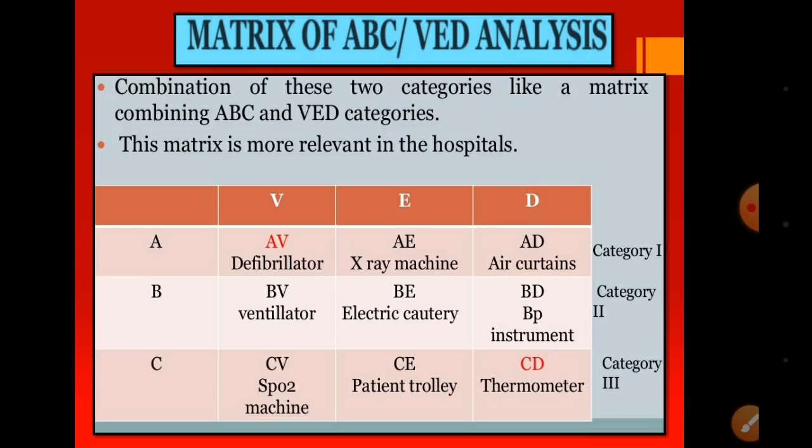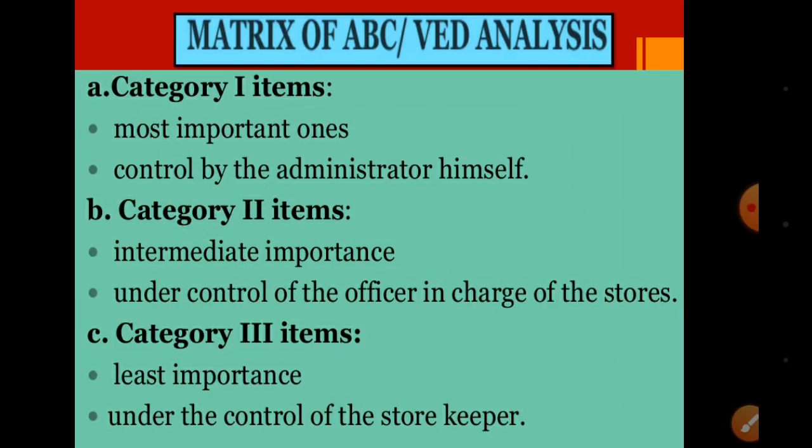The items in the first row are called category 1, in the second row category 2, and in the third row category 3 items. Category 1 items are the most important and are controlled by the administrator himself.